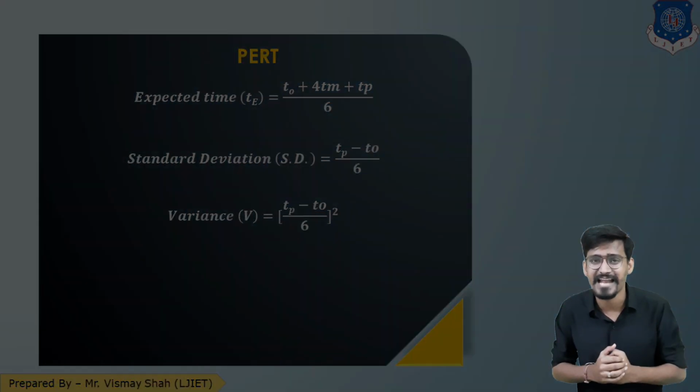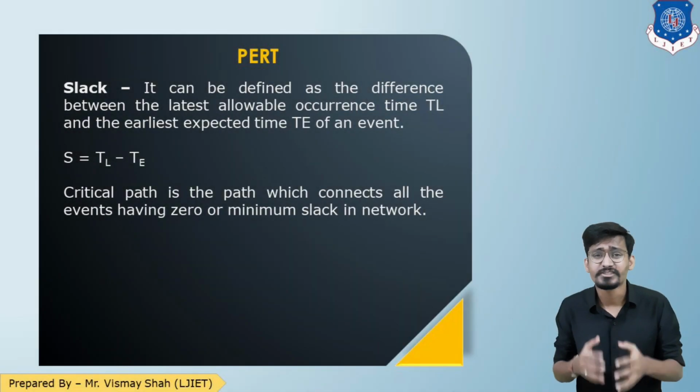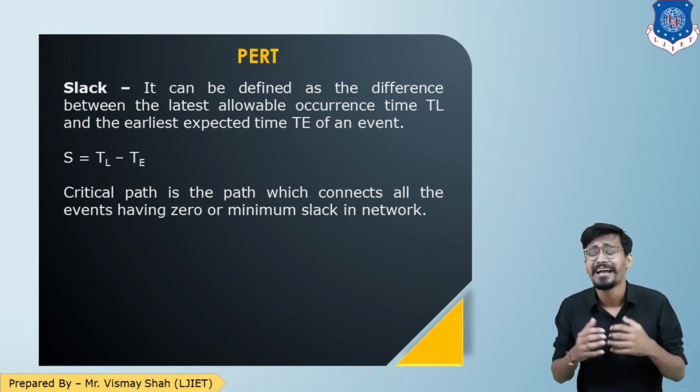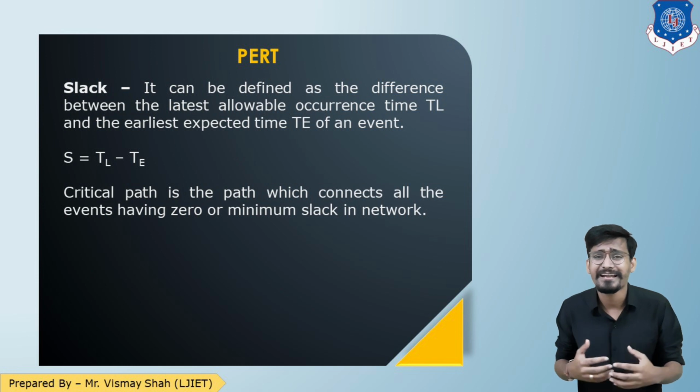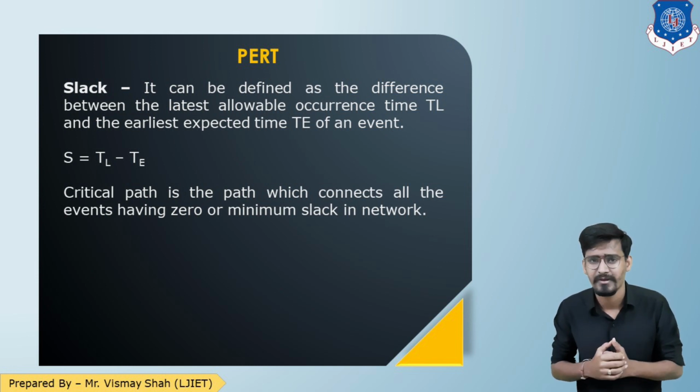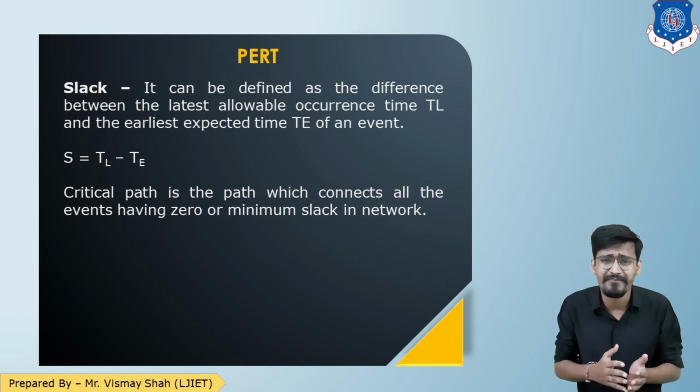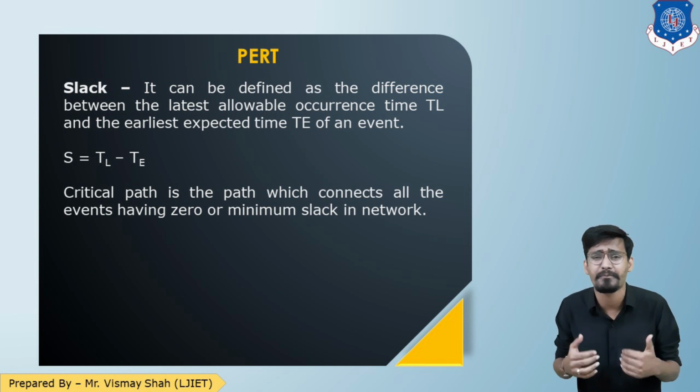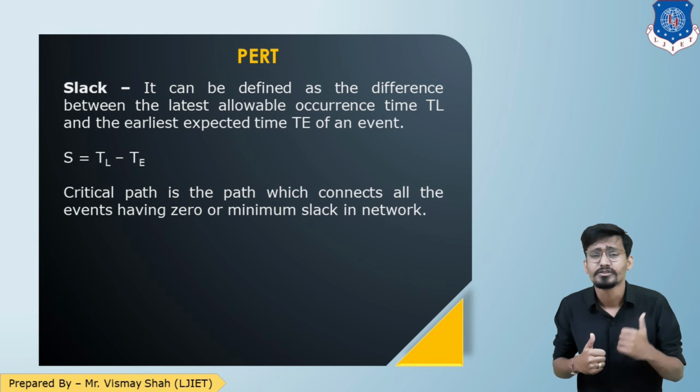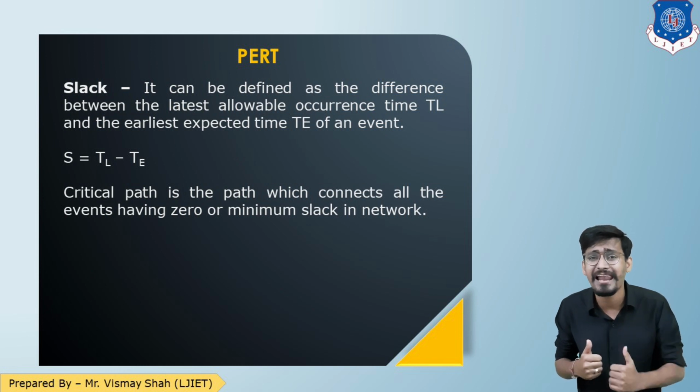Let us understand slack. As you know, the PERT method is an event oriented method. So slack can be defined as the difference between latest event time and earliest event time. So slack equals TL minus TE.